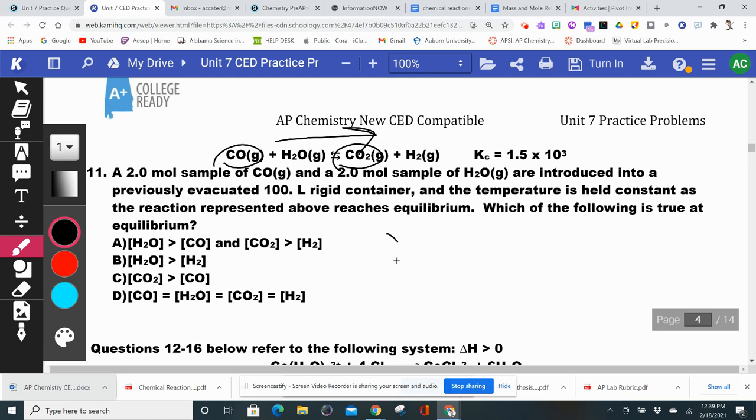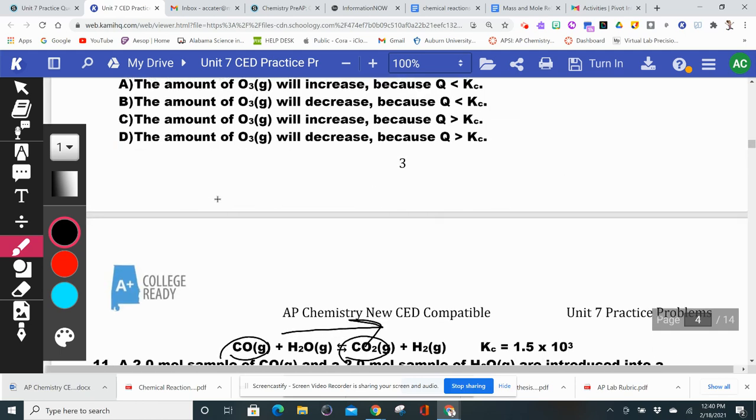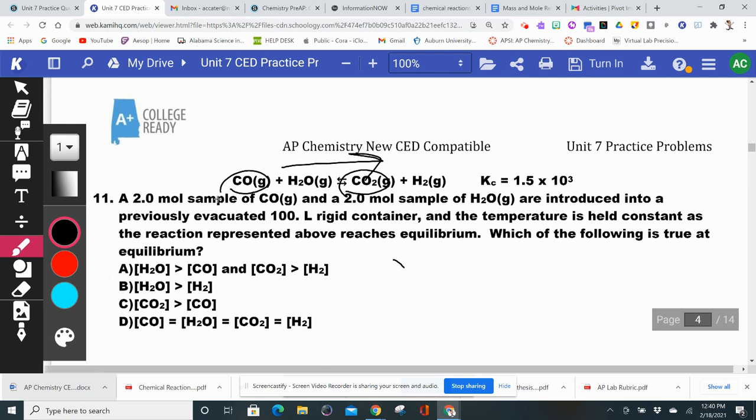So we're talking about number 11, right? Make sure we're on the right one. So in number 11, it really doesn't tell us anything other than our starting conditions of our reactants and that our temperature is held constant.